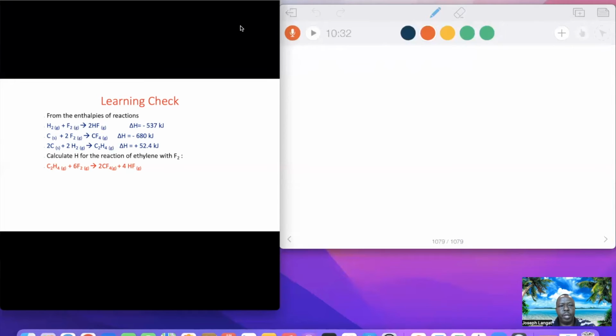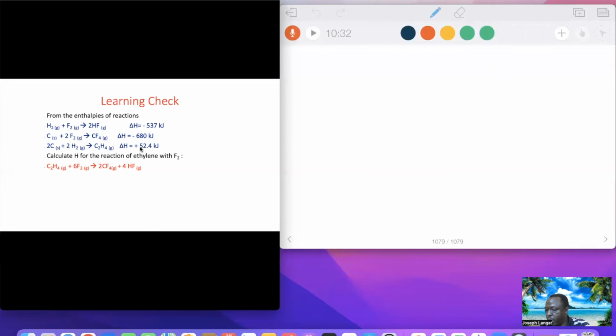If we do the reconciliation of all these 3 with the overall, I see that C2H4 is the reactant. Where is it here? It's nowhere. It is in step number 3, but we have to flip.